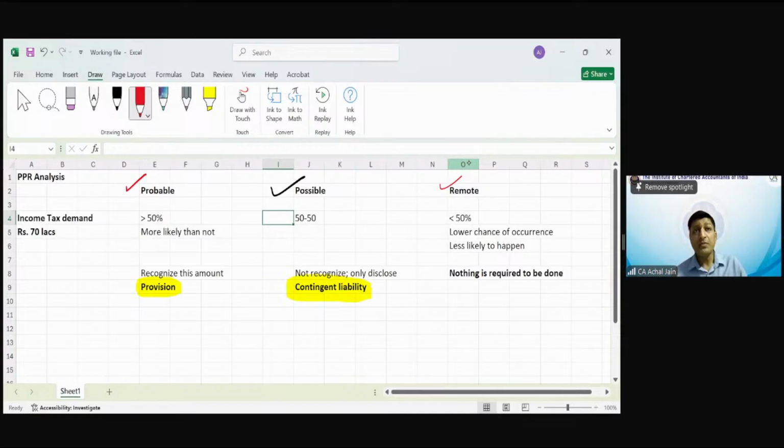So sometimes some of the matters could be very tricky. In which case, company may at this point of time, or maybe you can say for a particular financial year, not be able to assess whether that demand is likely to be paid or not.